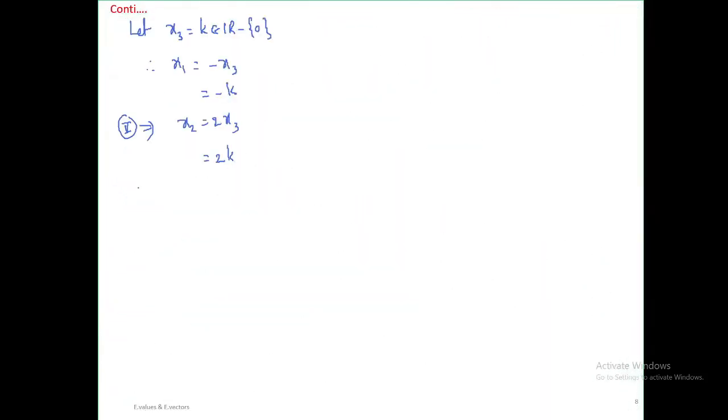Then let us find the eigenvector. x is equal to x1, x2, x3, where x1 is minus k, x2 is 2k, and x3 is k. If you take k out, what you will get is minus 1, 2, 1.